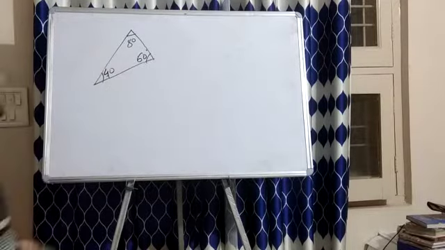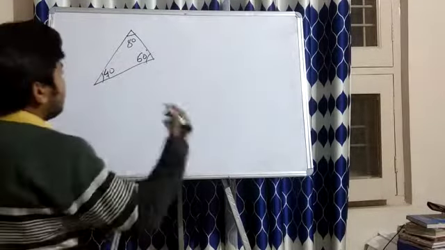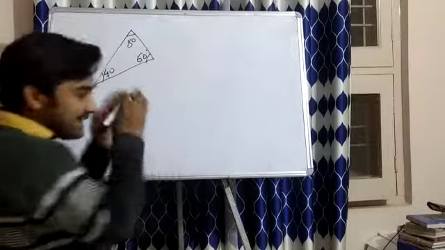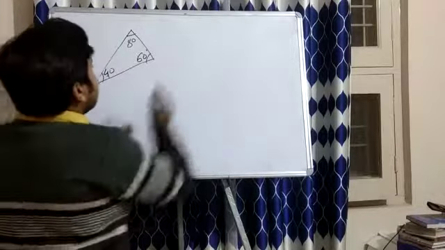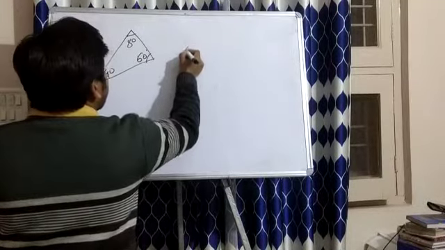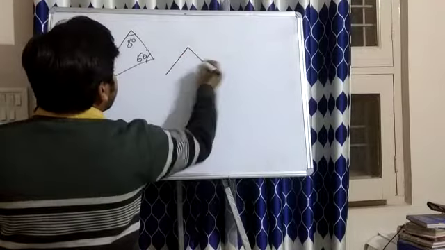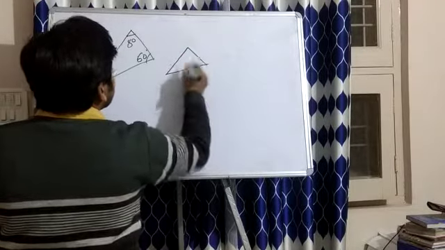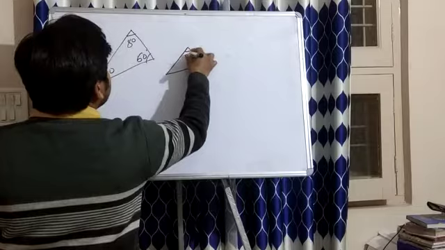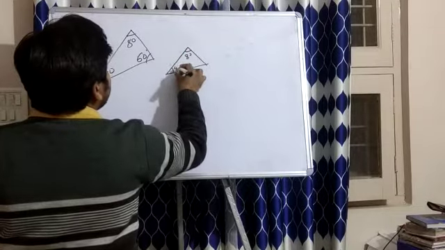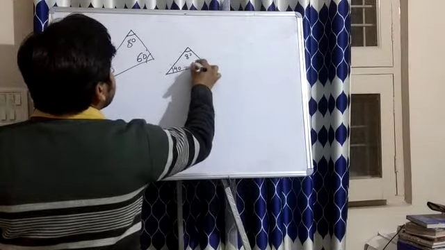Now let's draw another triangle with the same corresponding angles. This is 80 degree, this is 40 degree, and this is 60 degree.